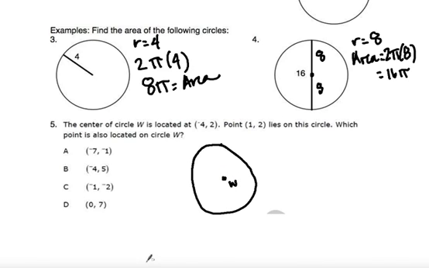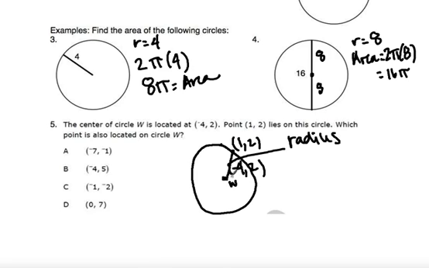Your center is at W, and that center is at the point negative 4, 2. It tells you that the point 1, 2 is on your circle. So the distance from the center to the outside of the circle would be considered your radius.